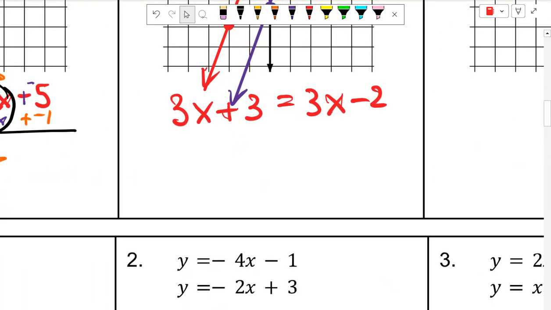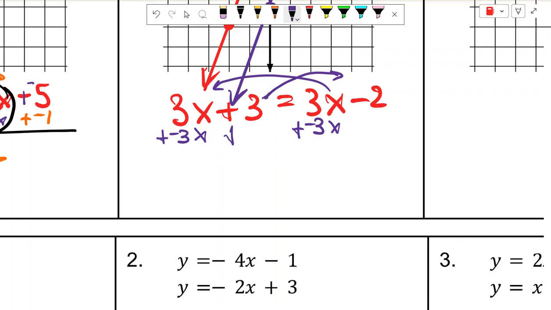Now we need to get our x terms together, so we're going to add a negative 3x to this side. If we do it to one side, we'll do the property of equality and do it to the other side. And since we're moving our x terms to the left, we're going to move our constants to the right by adding a negative 3 to both sides.